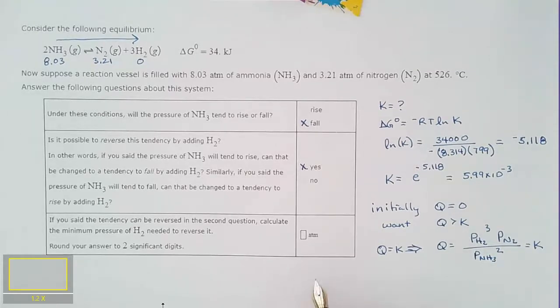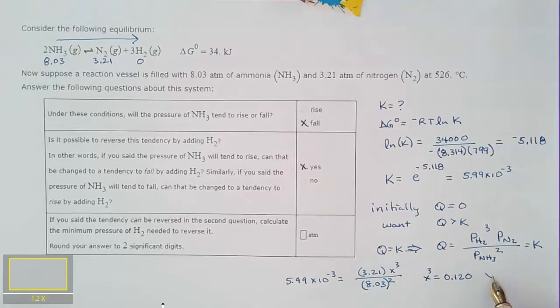So then we get this not very pleasant expression that says 5.99 times 10 to the minus 3 is equal to 3.21 times x cubed divided by 8.03 squared. And if we solve that, x cubed is equal to 0.120.